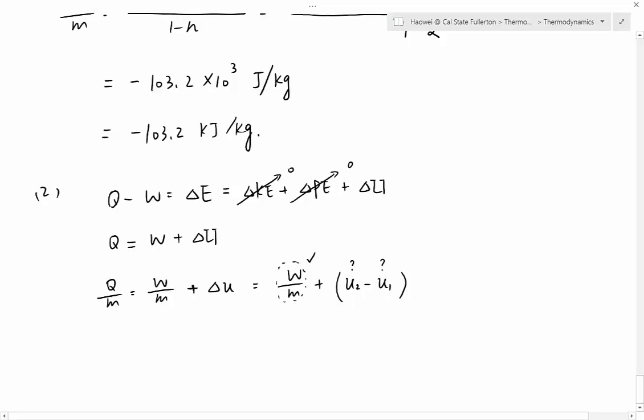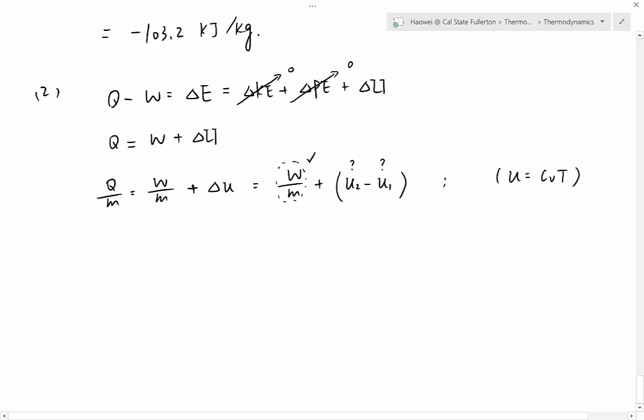You have two options. The first one is to go to the table, and the second option is if the substance is an ideal gas, you can use an equation to calculate u. What is that equation? The equation is u is equal to Cv times T. Because we're dealing with air, which is an ideal gas, we can use this equation to calculate u.